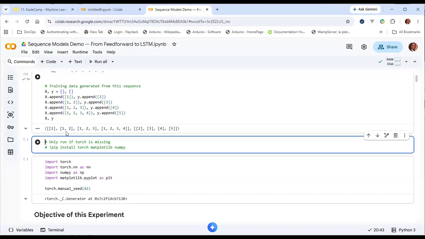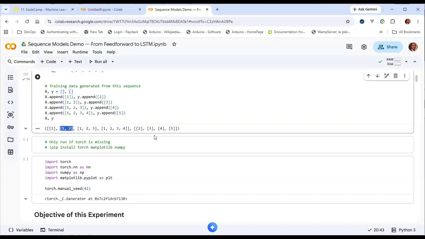For this X that is 1, 2, the Y is 3. For this X that is 1, 2, 3, the Y is 4. For this X that is 1, 2, 3, 4, the Y is 5. So this is basically a sequence, right? So that's the first thing.